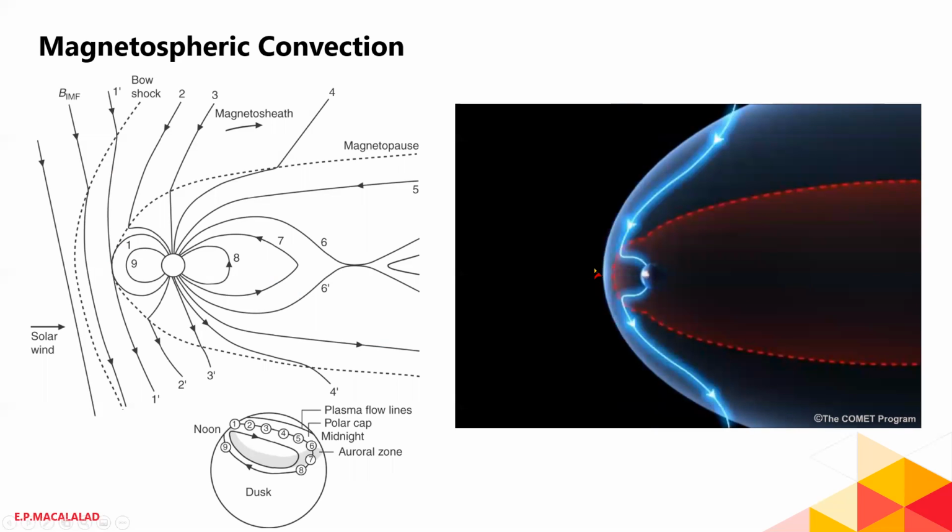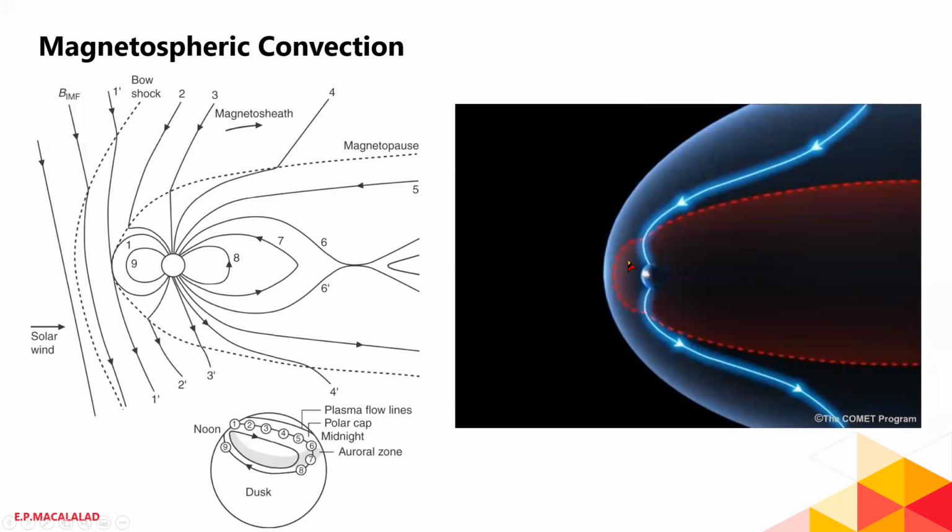Now you will notice that because of the reconnection, there are two new open field lines connecting to the Earth. This is the magnetic field line coming from the Earth, reconnected with the magnetic field of the solar wind, and it is carried over the poles, like this one.